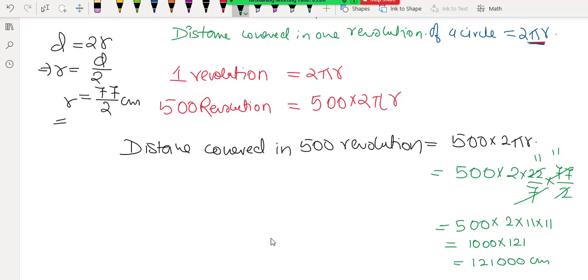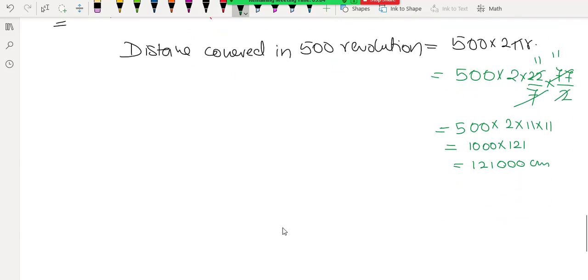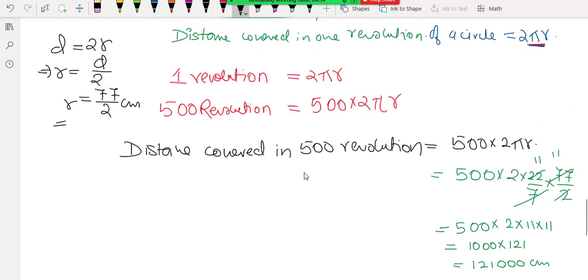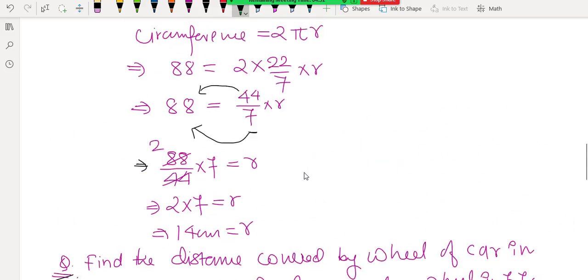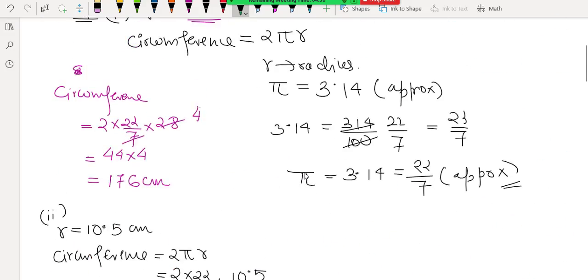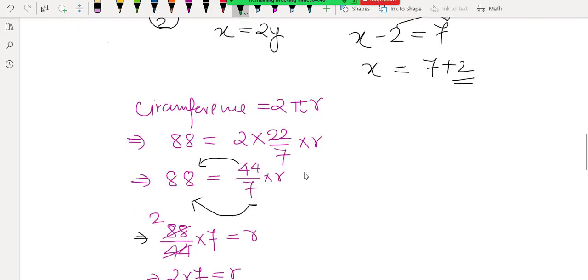Yes. And if I convert this in meter, then my answer will become 1210 meter. समझ में आया आप लोगों को किस तरीके से सॉल्व कराया गया ये पूरा का पूरा क्वेश्चन?